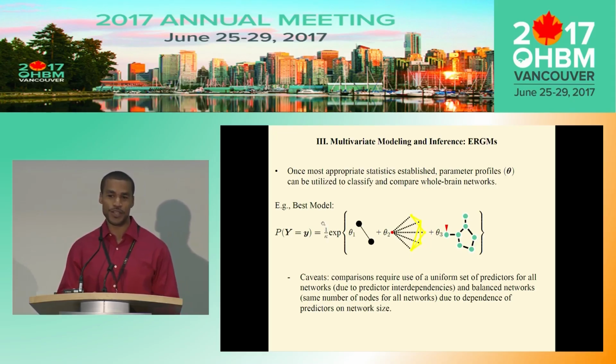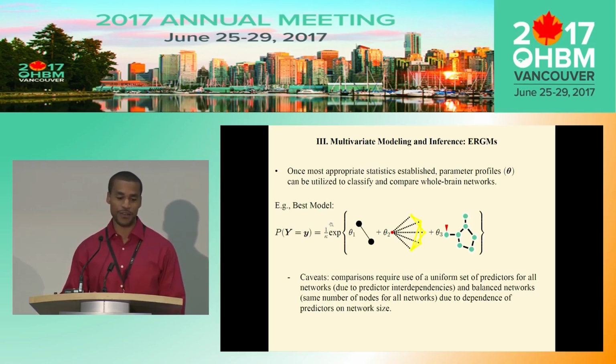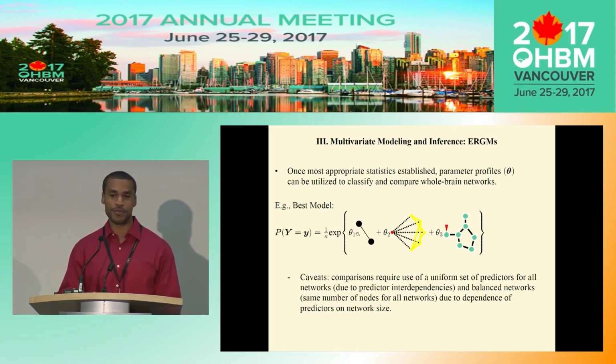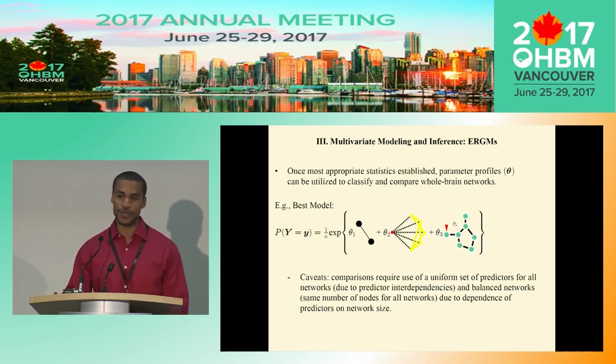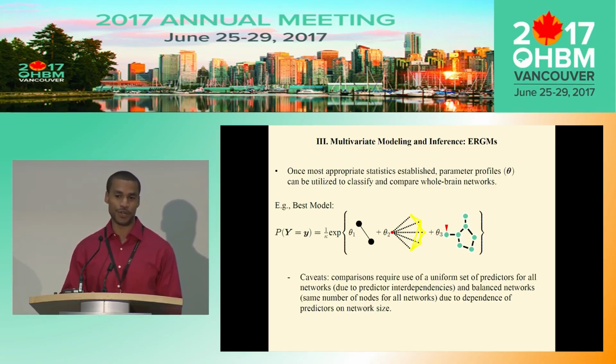Let's say for all of them, the best model consisted of the number of edges in the network, the clustering coefficient, and the path length. You could then use these theta parameters, theta 1, theta 2, and theta 3, to do formal statistical comparisons of differences between groups of brain networks and between individual networks.